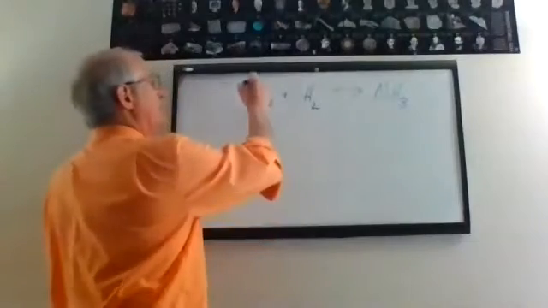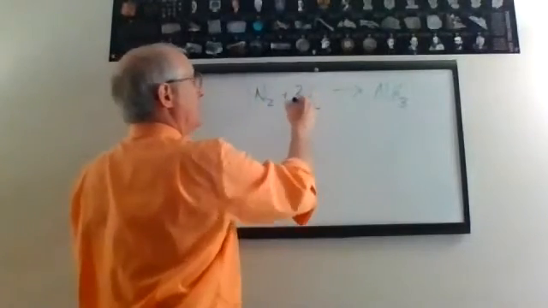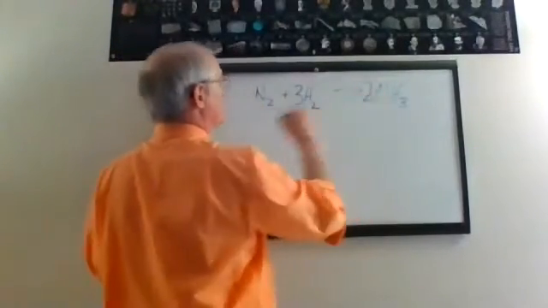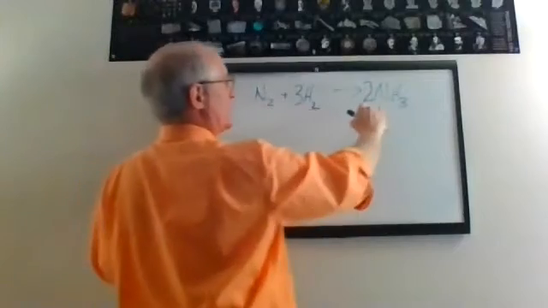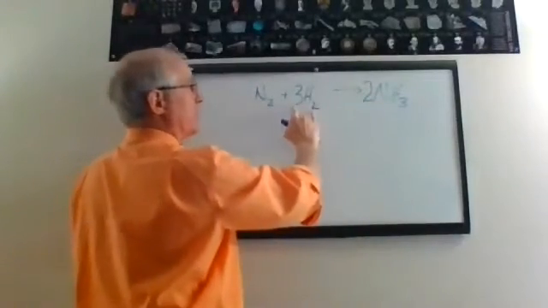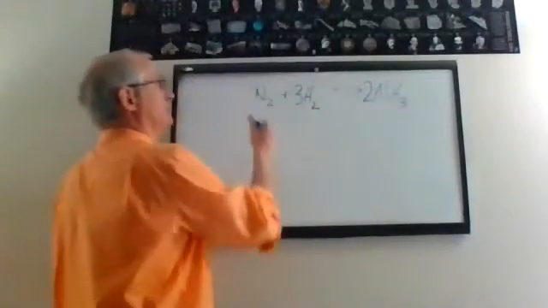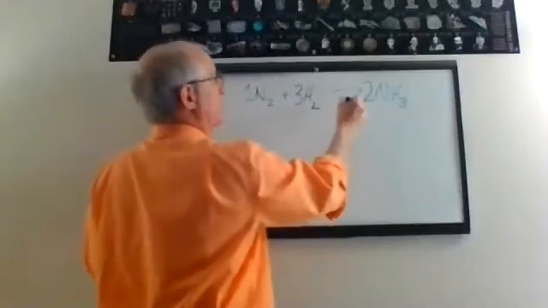Okay, and the coefficients are 1, 3, and 2. Got 2 nitrogens, you got 2 nitrogens. You got 6 hydrogens, you got 6 hydrogens. And it's a two-way street.